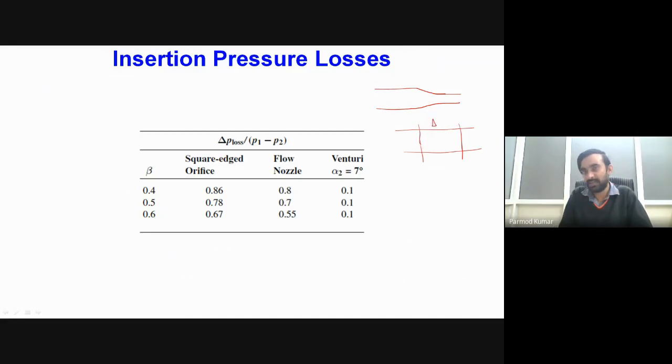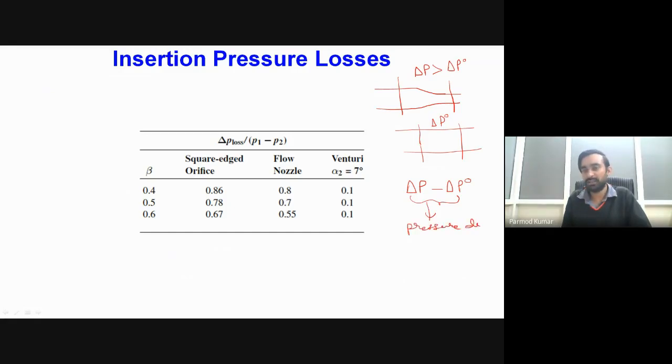For example, if delta p naught was the pressure corresponding to no obstruction, and with the obstruction we have some delta p pressure, obviously this delta p will be greater than delta p naught. The difference, delta p minus delta p naught, represents the pressure drop.